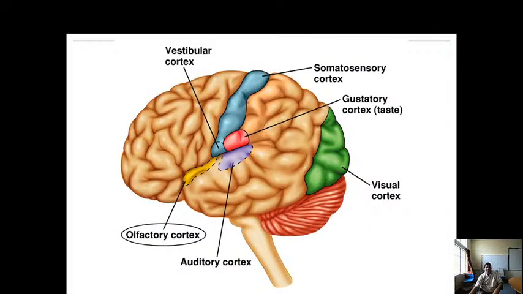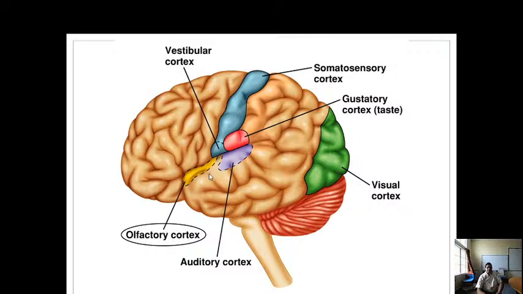This is the olfactory cortex present in the cerebral hemispheres. This is the somatosensory, this is the vestibular, that is the auditory, and that's the visual cortex. So the olfactory cortex is present here.